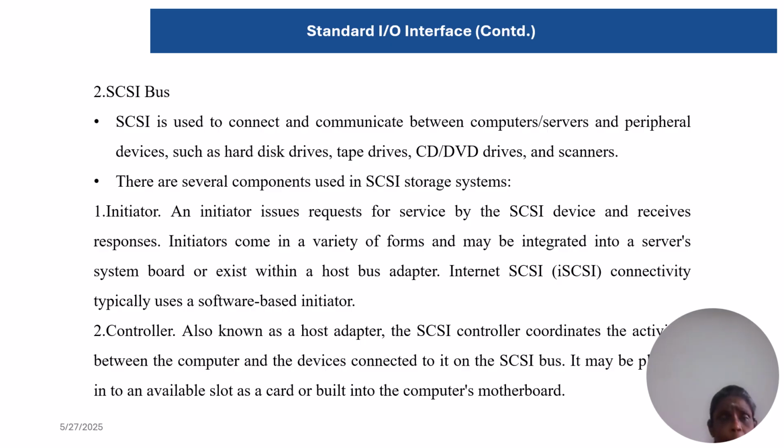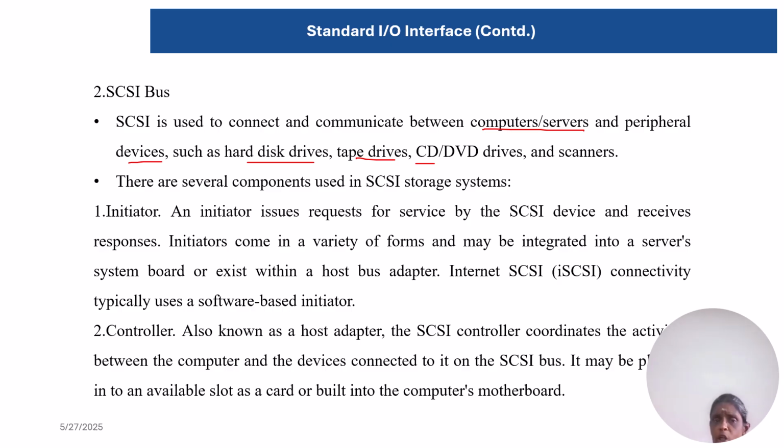The next one, SCSI bus. SCSI bus is used to connect and communicate between computers or servers and peripheral devices, so external devices such as hard disk drives, that means external memory devices, tape drives, CD or DVD drives, scanners, printers, and so on.